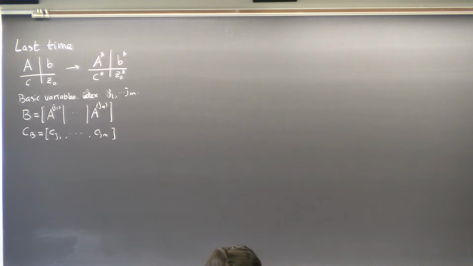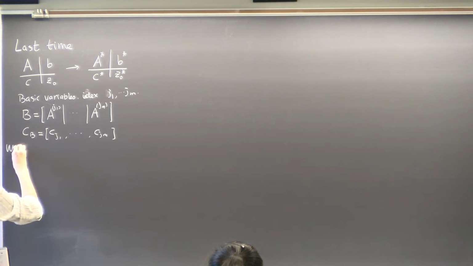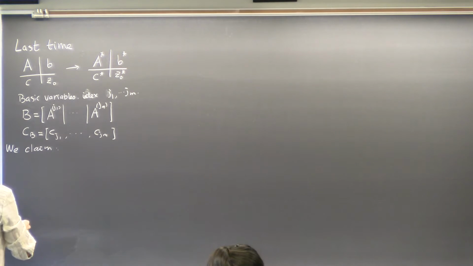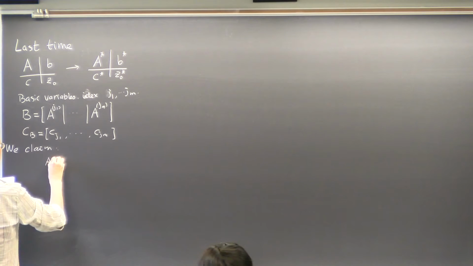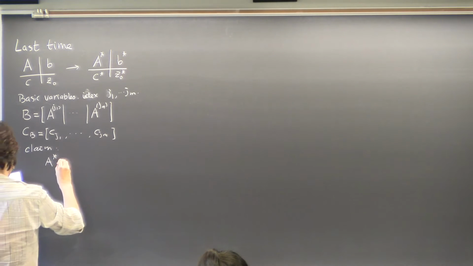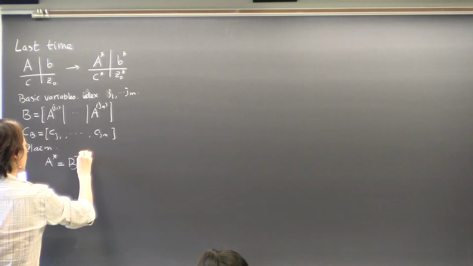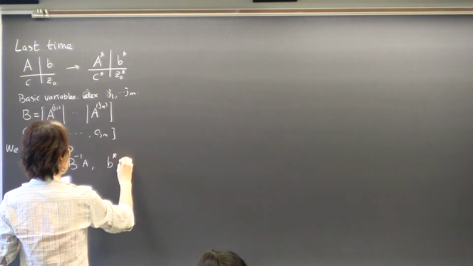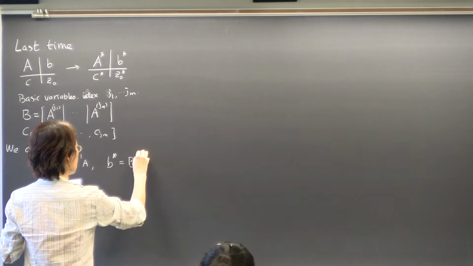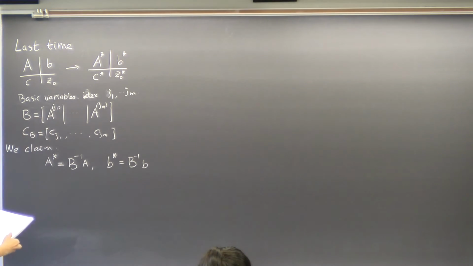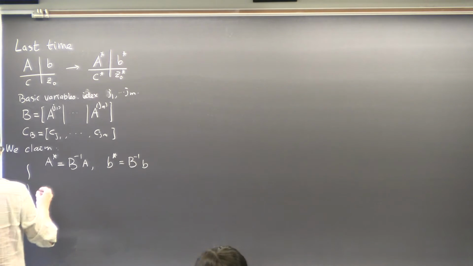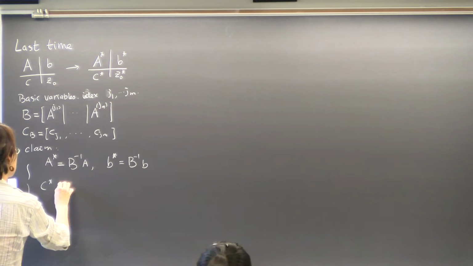With all that taken out, we made the following claim, which we'll prove today. We claim that A star equals B inverse A, and B star equals B inverse B. These two are actually quite trivial, pretty easy. And the next two take a little bit of work to show.